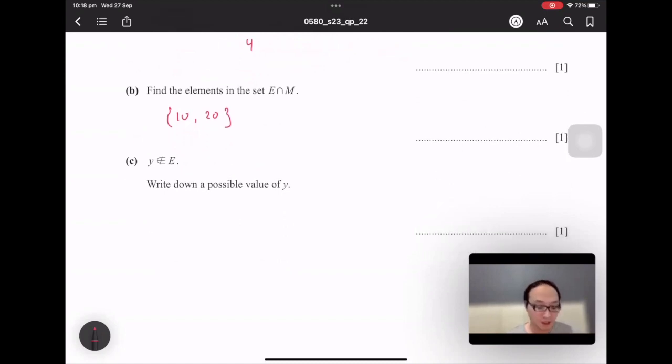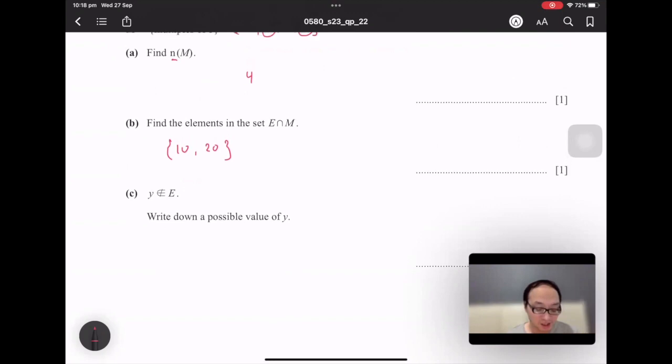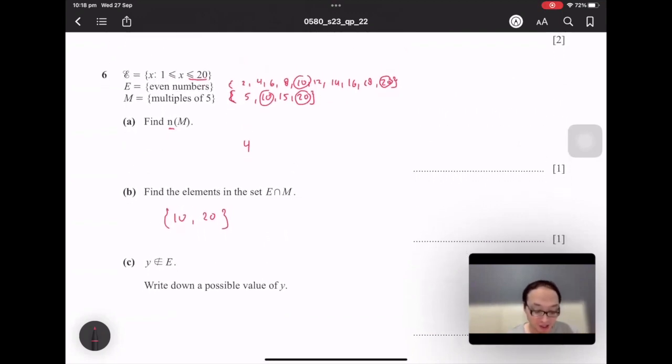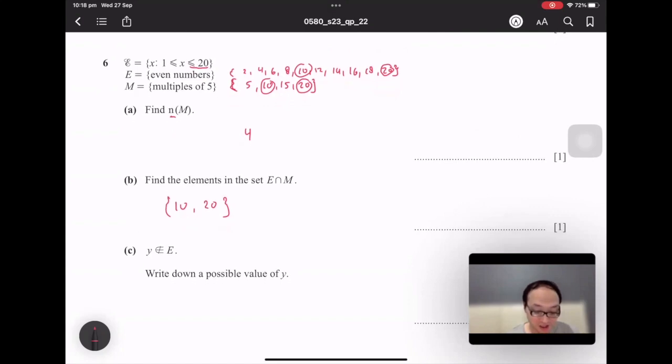And then Y is not a member of E. Write down a possible value of Y. So it's not a member of E, so we can just put any number that's not even. So an odd number, we can just put 9.